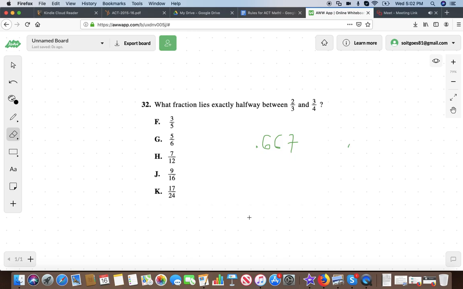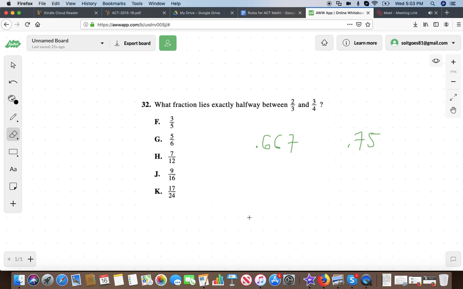Does that make sense? Yeah. Okay. What number's halfway between those two? Anything between 0.667 and 0.75. I'm guessing a lot of the answer choices are going to be between those. Maybe not. Let's see if we can eliminate some obviously incorrect ones.